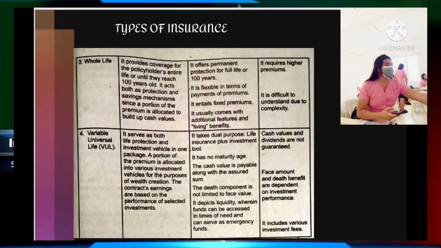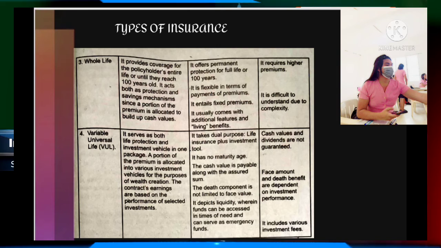The third type is whole life. Characteristic: it provides coverage for the policyholder's entire life or until they reach 100 years old. It acts both as protection and savings mechanism since a portion of the premium is allowed to build up cash value. The advantages: it offers permanent protection for a full life or 100 years.